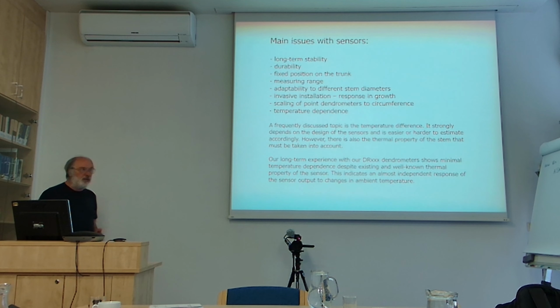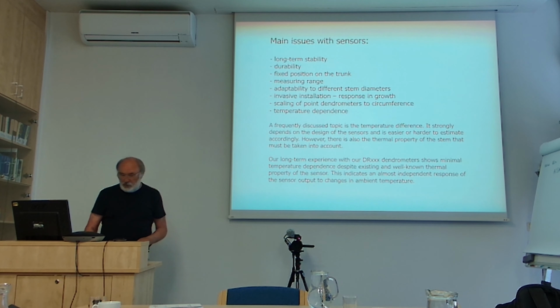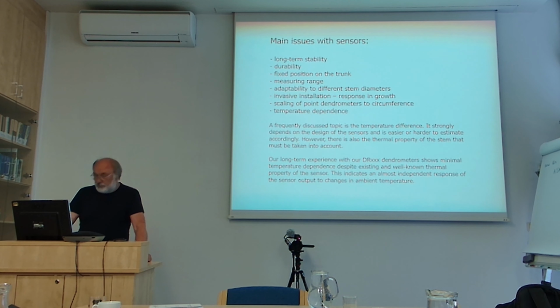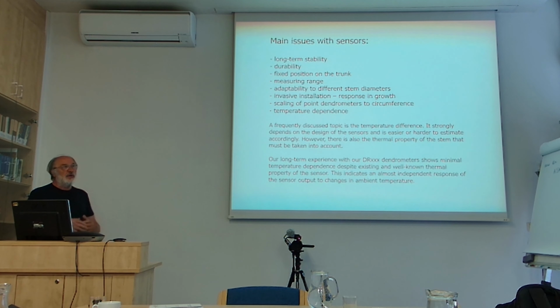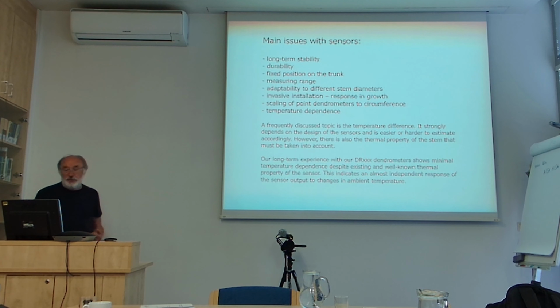Because we know very well the temperature difference of the sensor together with the tape and with everything, it's relatively easy to make a correction. But in all cases, when we applied the correction, the temperature changes were more pronounced than without the correction.